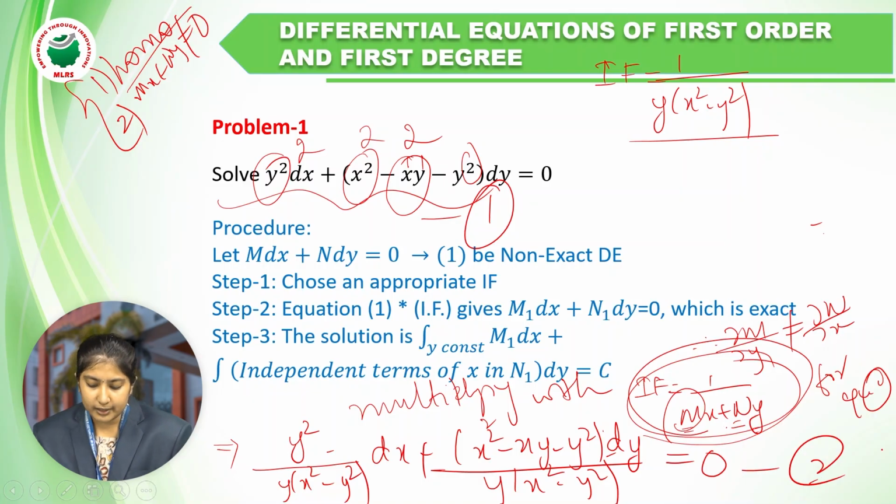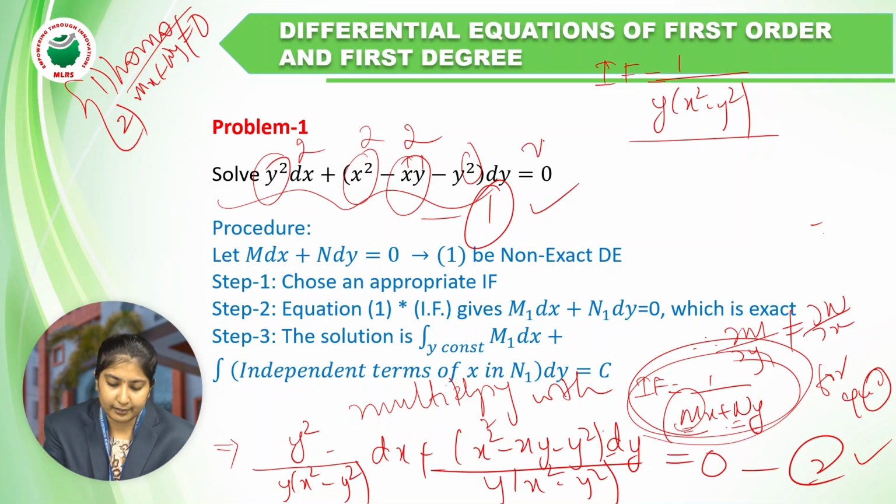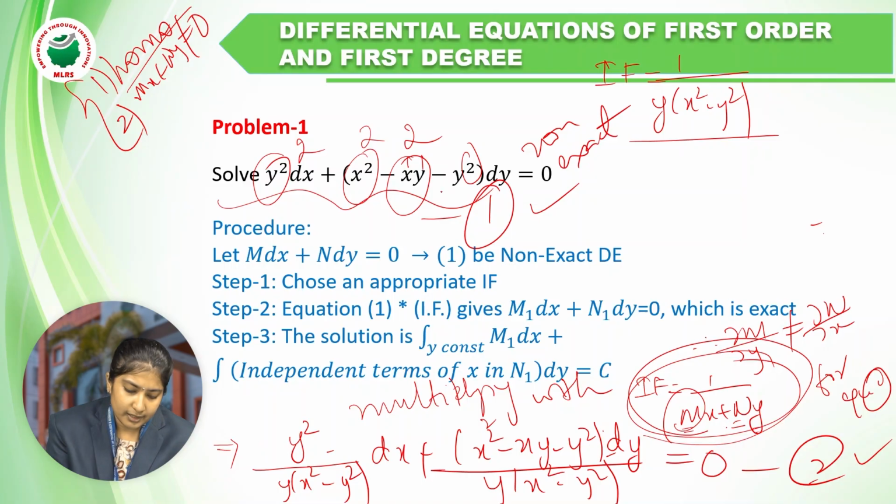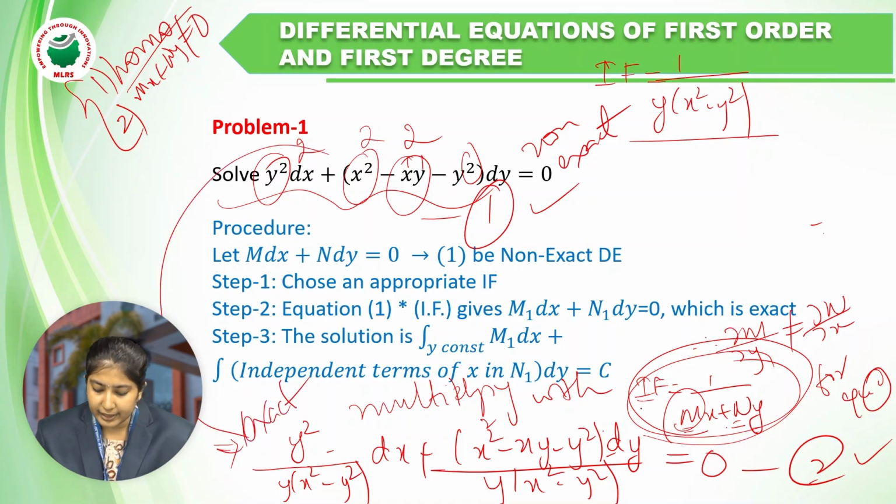Now we have to check whether this equation will turn out to be exact or not, because this equation 2 and equation 1 are different. Equation 1 is non-exact. We are trying to make this equation exact by using the magic of the integrating factor. Now here we can cancel y, no?